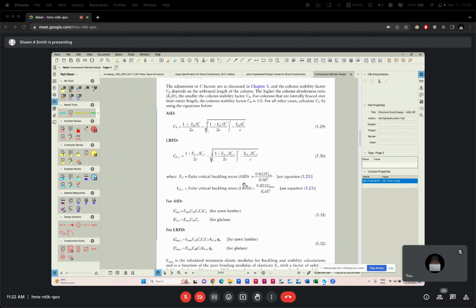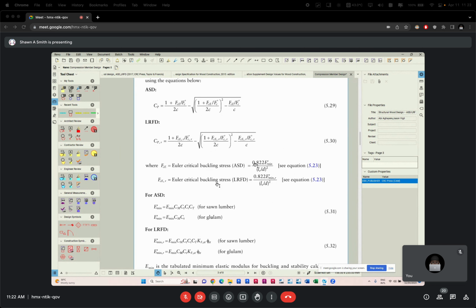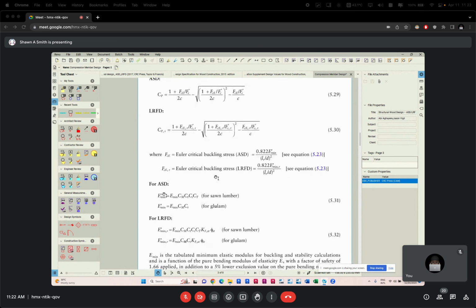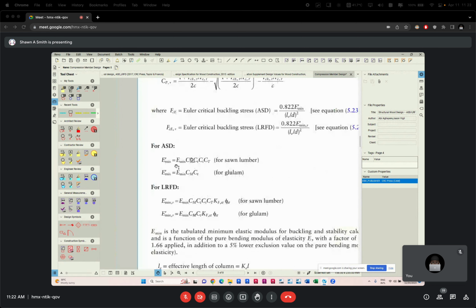All right? These are all those expressions with factors which we must use, must get married to. We're not interested in how they came about. We're just going to be using them. All right, so this is for ASD. This is for LRFD. Similarly, this is for ASD.